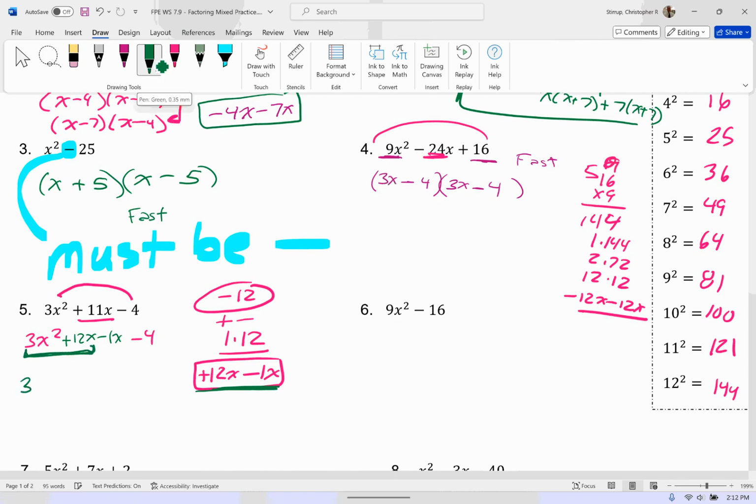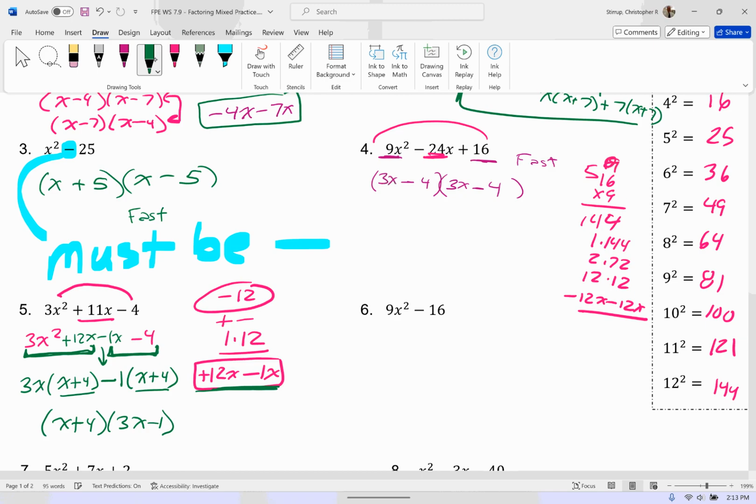Anything else? 3x. And that's going to give me x plus 4. Agree? Middle sign does what? Comes down. If nothing's going to look like it's going to factor out, what's my placeholder number? 1. Signs change because I factored a negative out. These are the same. Agree? And you get to there. Okay?